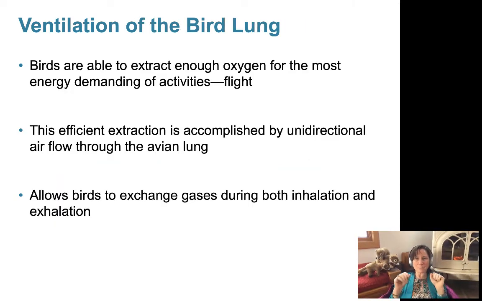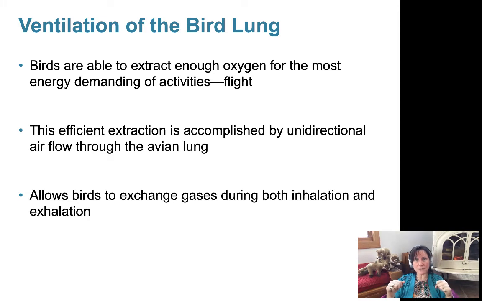Now, birds have a whole different system going on, and they have a great adaptation for enabling them to get a lot of gas exchange going on in order to power their high metabolism. Birds, generally speaking, have incredibly high metabolism, and they're incredibly active. All that flight costs an extraordinary amount of energy.